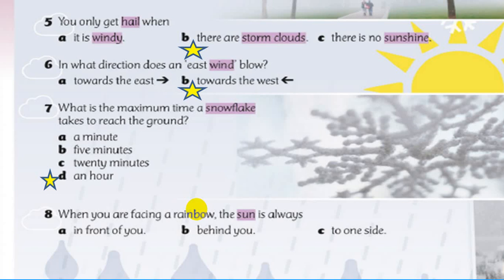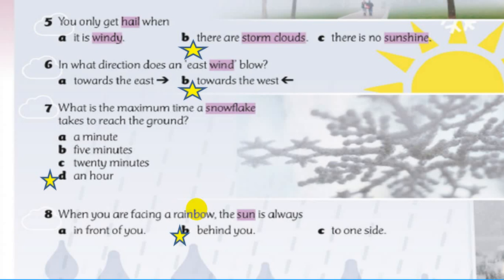C. To one side. The answer is behind you. So when you are facing a rainbow, the sun is always behind you. Good. So far, so good.